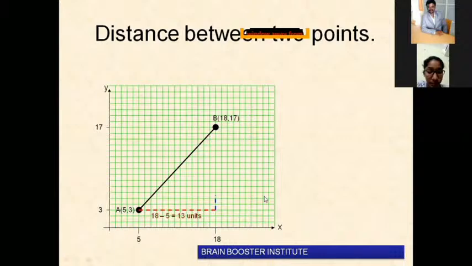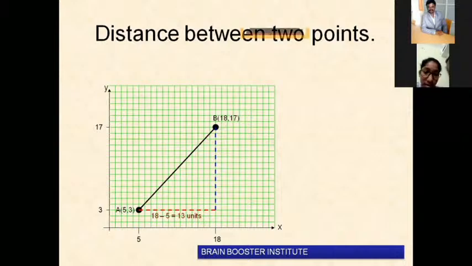Now I'm drawing a blue line. What is the distance of this blue line? Can you say? It is 18 minus 17, which is 14. No, it is 1.